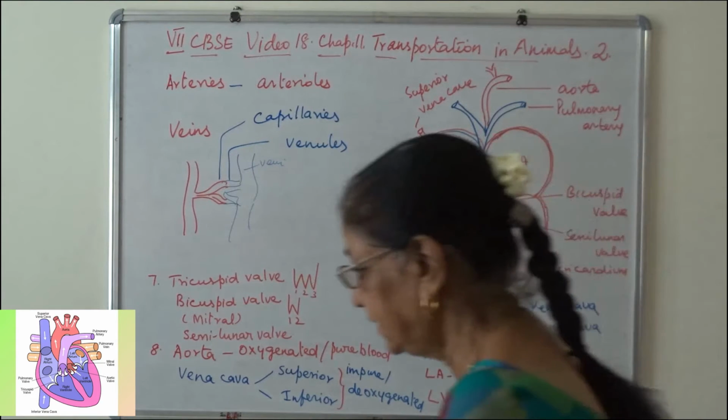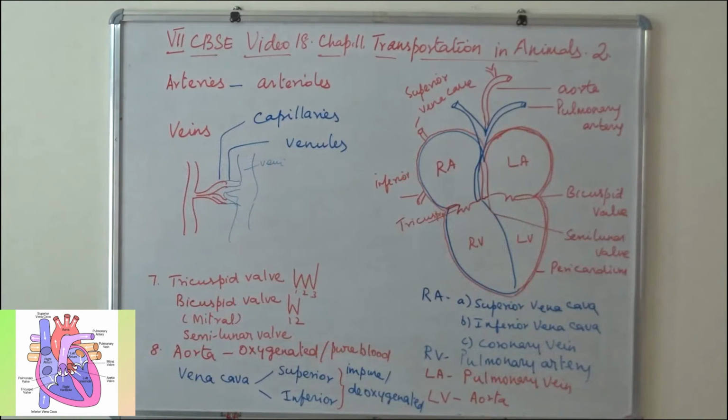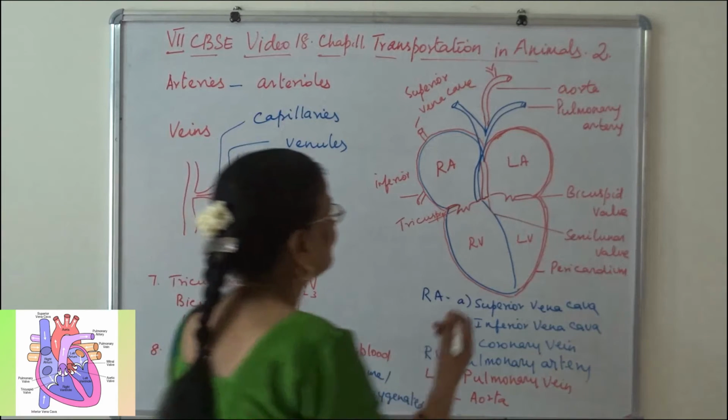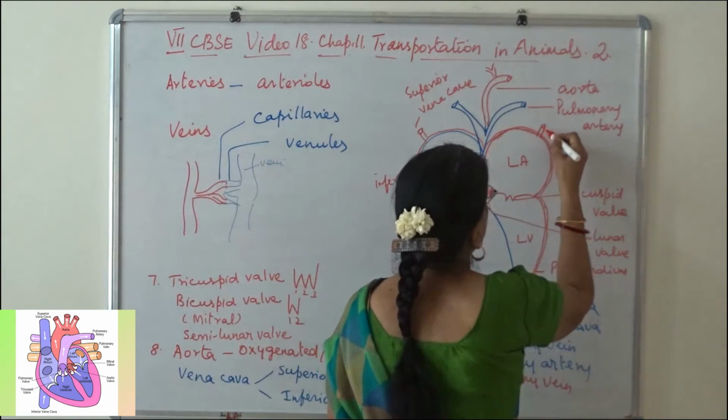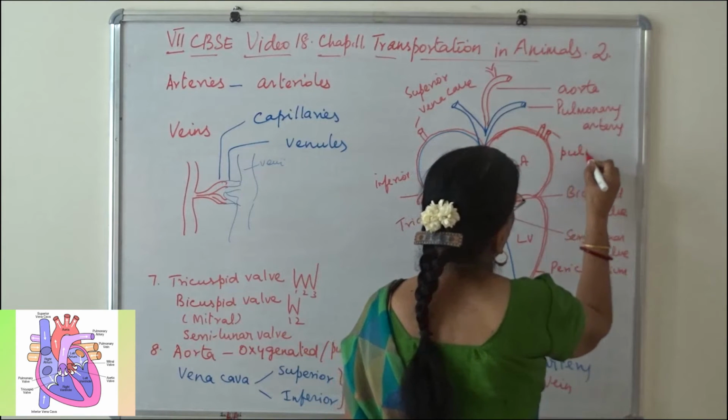So the left atrium receives oxygenated blood from the lungs through the pulmonary vein. I hope you understand. So the left atrium receives pure blood from the lungs through pulmonary veins.